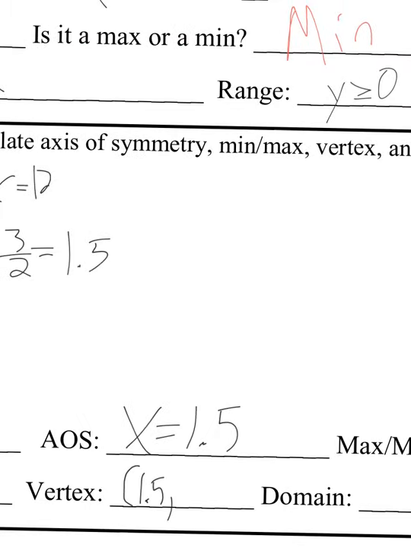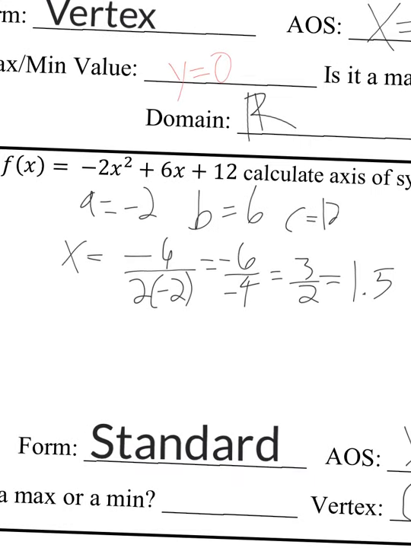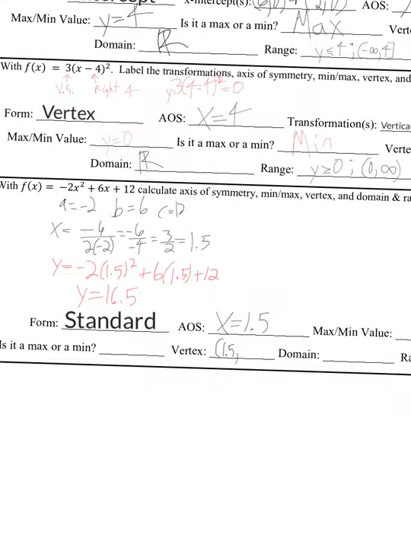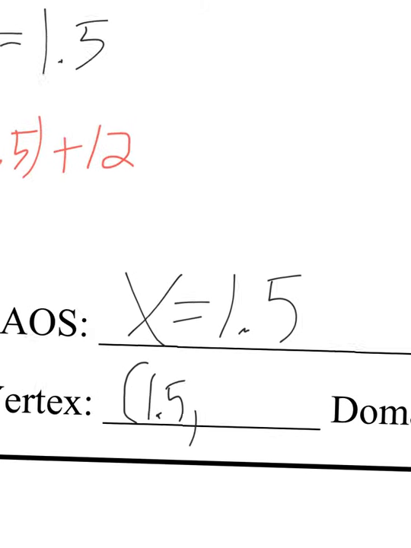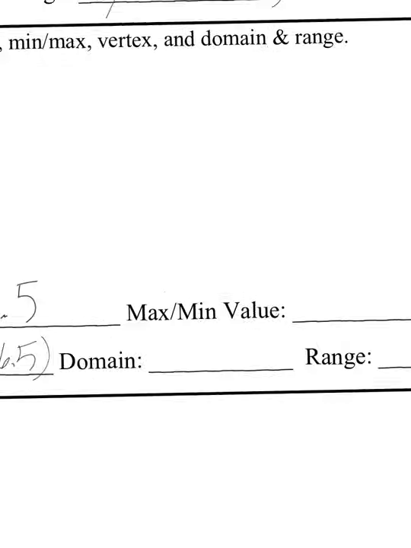Let's plug in 1.5 into our function to get our y value. So here it is, everything's set up. I can type this into the calculator, and when I do, I get y equals 16.5. Okay, so now I know my y-coordinate of my vertex is 16.5. And I can also write that for my min-max value.